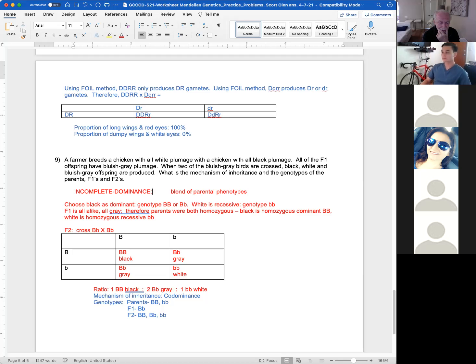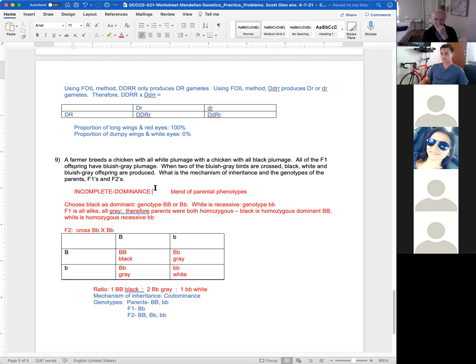The black gives you the black feathers, and the white gives you the white feathers. Because when you put them together, it looks like gray. So it's like mixing the feathers that make that color, but they have white and black. So I don't think there is dominant and recessive.